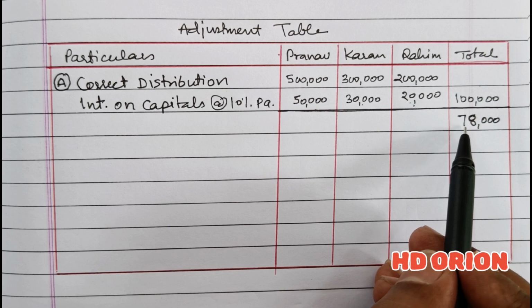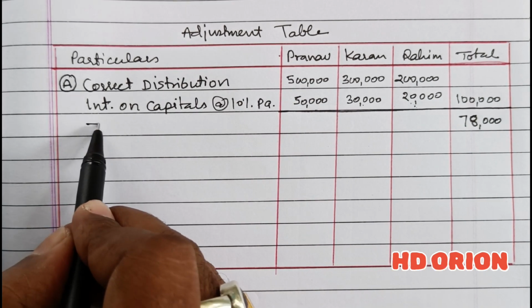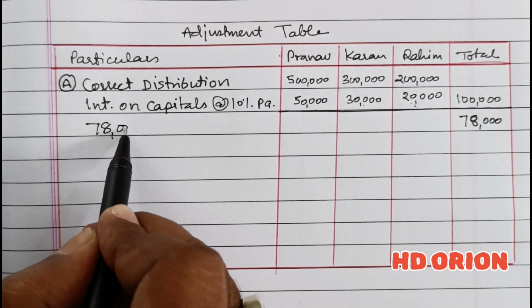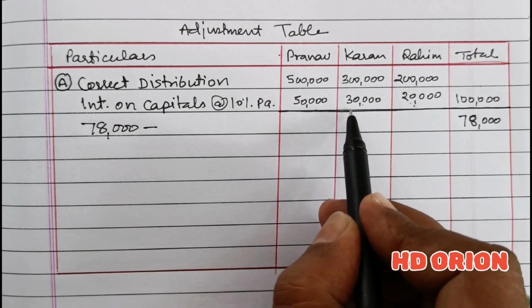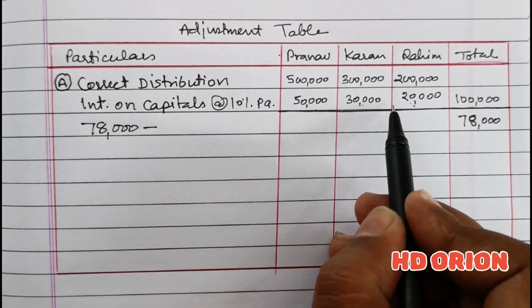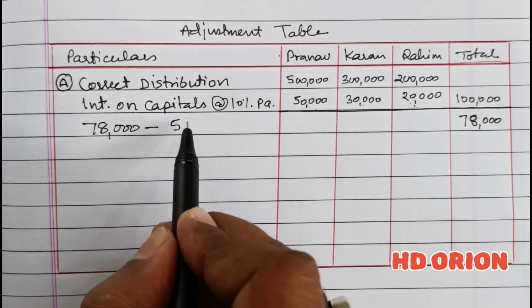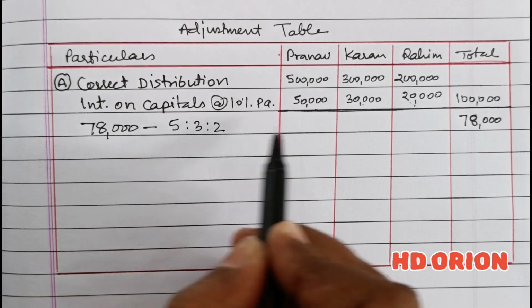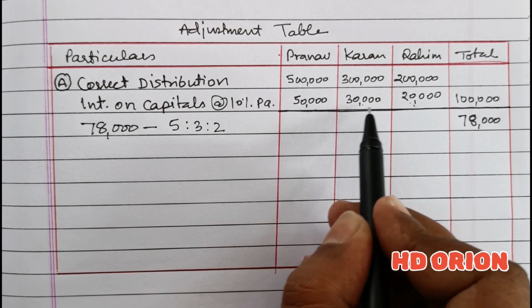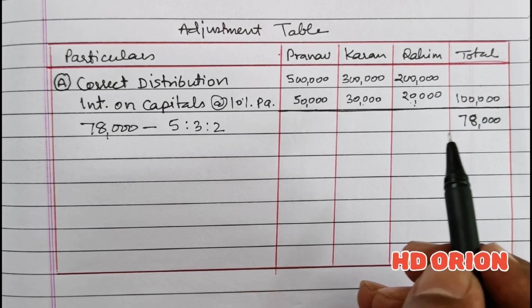And what we should do now, rupees 78,000 should be broken in their interest on capital ratio. Interest on capital ratio is 5:3:2. That is 50,000 is to 30,000 is to 20,000.